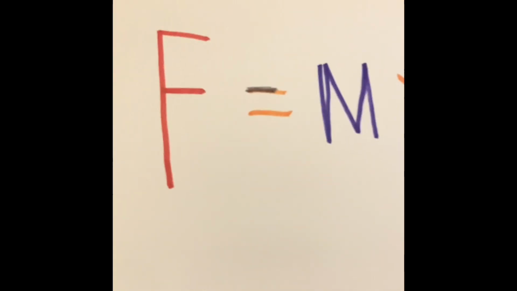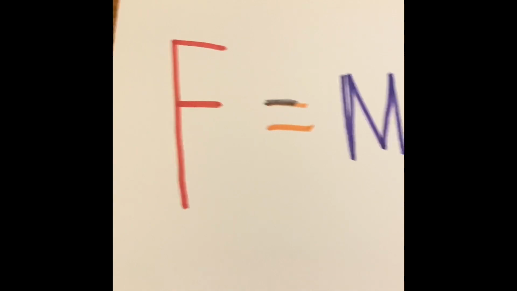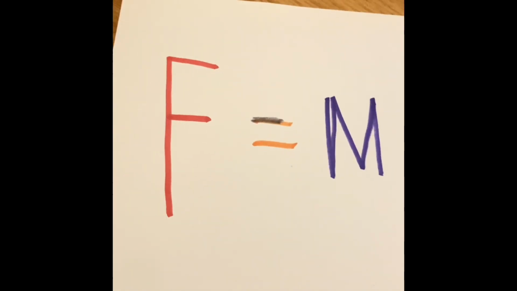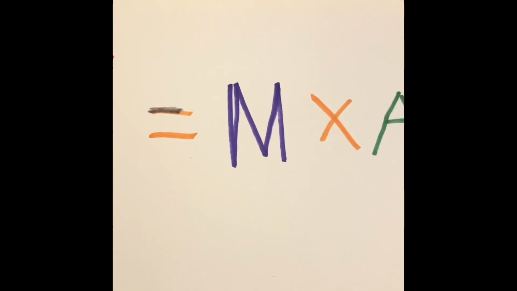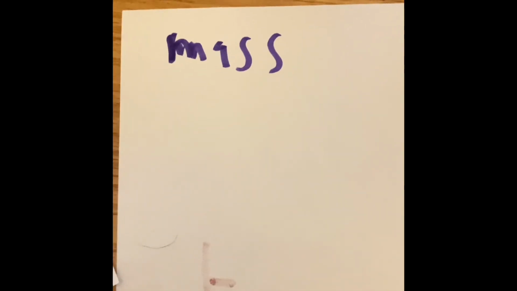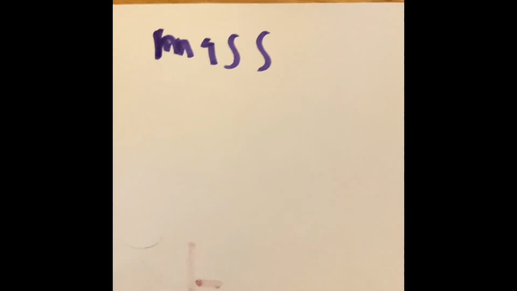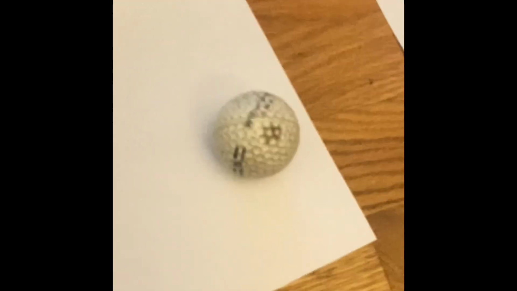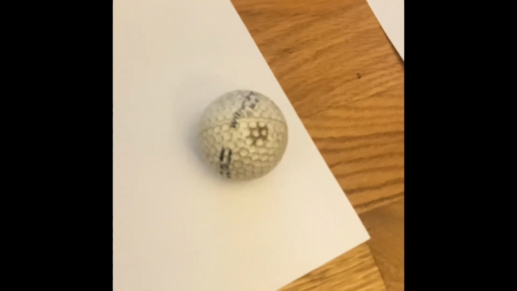So this is basically what force is, right here. The letter M stands for the mass of the object. The mass of an object is actually misinterpreted in science classes, like physics, because if you say this golf ball weighs something, it does.